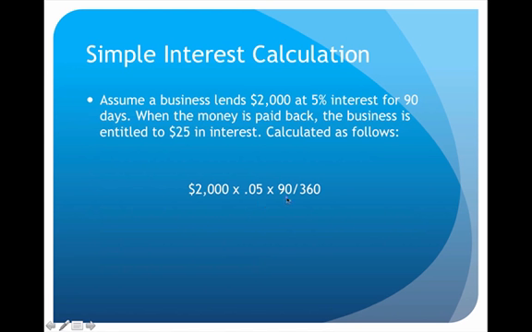And then time, it's 90 days, but I set that up as a fraction, 90 out of 360. Again, remember, we use banker's interest, 360. So 2,000 times 0.05 times 90 divided by 360, rounded, is $25. So when they pay that money back, they actually have to pay us $2,025.